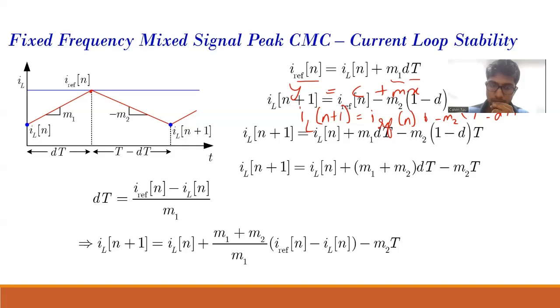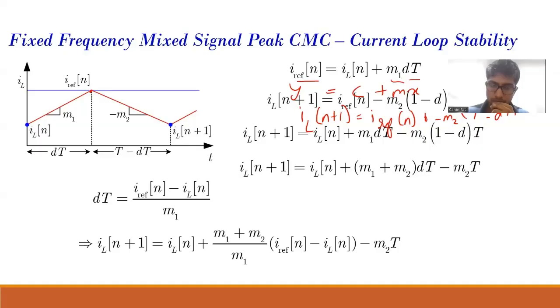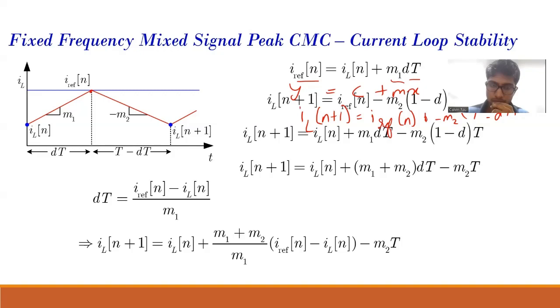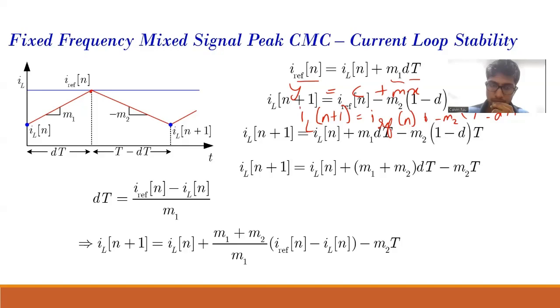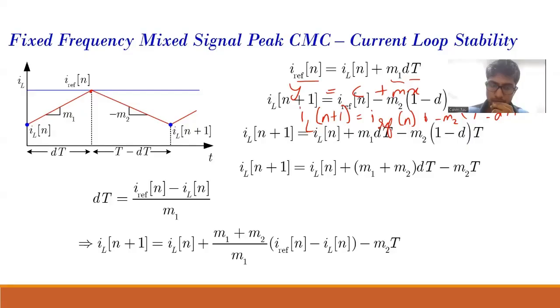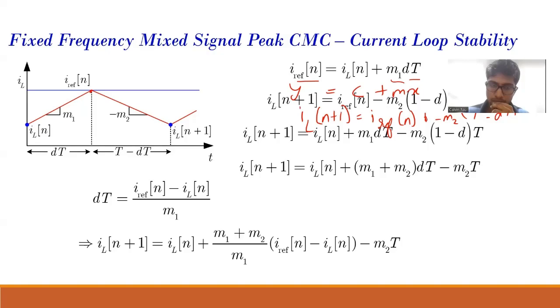Just note down: peak current mode control, blanking. In the YouTube video I will add the link for the blanking reference, on why that minimum blanking is there. Okay, sir. Okay, sure. So I'll proceed further.